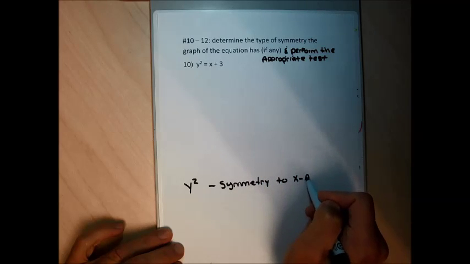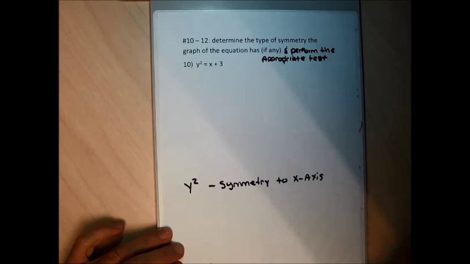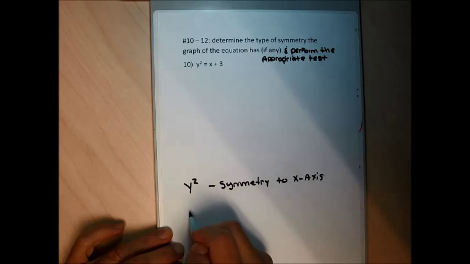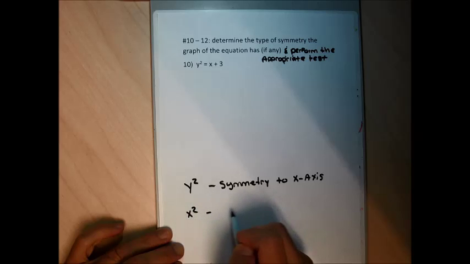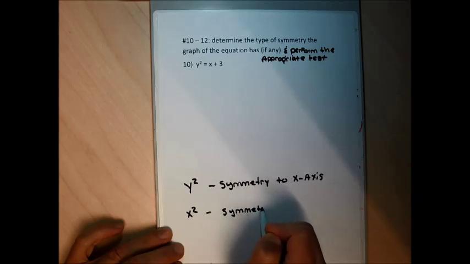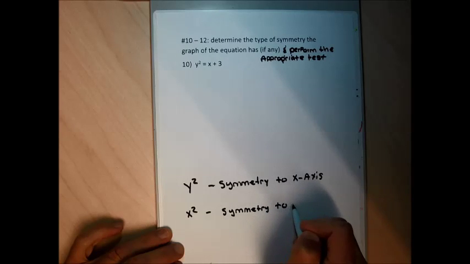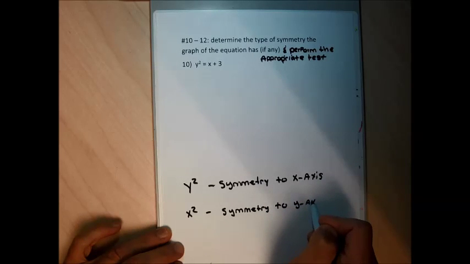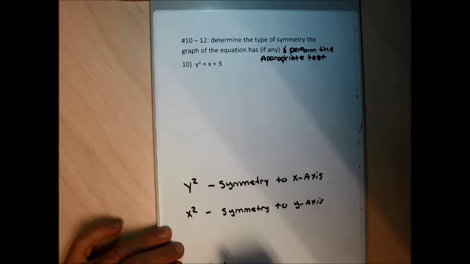This would be the case if there's a y squared and not a y to the first power term. If there's an x squared, usually we have symmetry to the y-axis. That is, if there's an x squared term and not an x to the first power term.